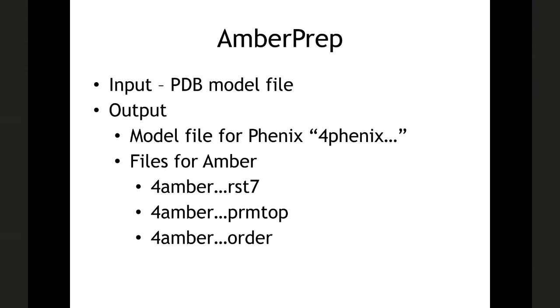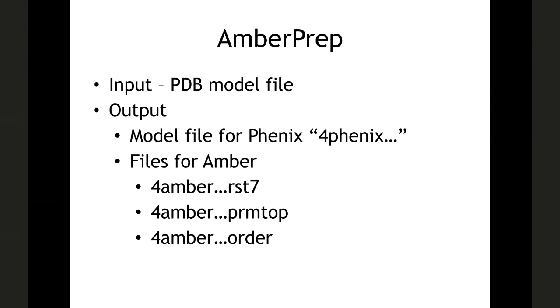Now, this is by default named for Phenix, and this model contains the atoms in the order that the other files further down require. And Amber has some nuances that it likes to receive certain atoms in certain orders and whatnot. So this was a requirement.